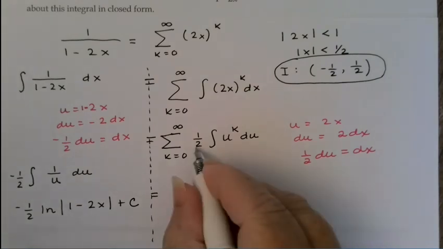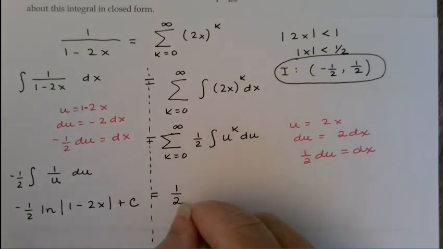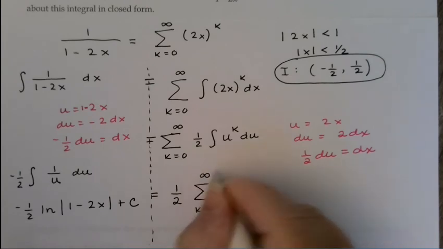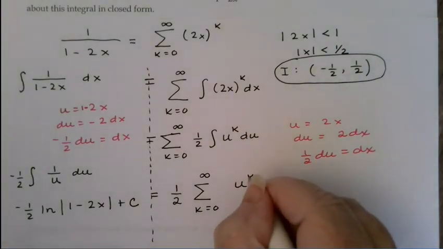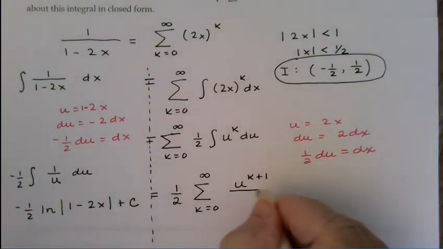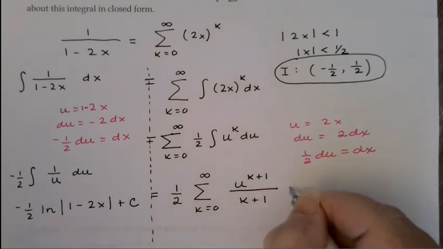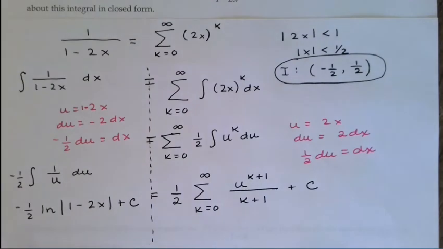So I can pull the 1/2 out of that series. Let me just pull the 1/2 out front. The integral of u to the k du, normal rules of integration. We increase the power by 1, and we divide by that new power, plus the constant of integration.